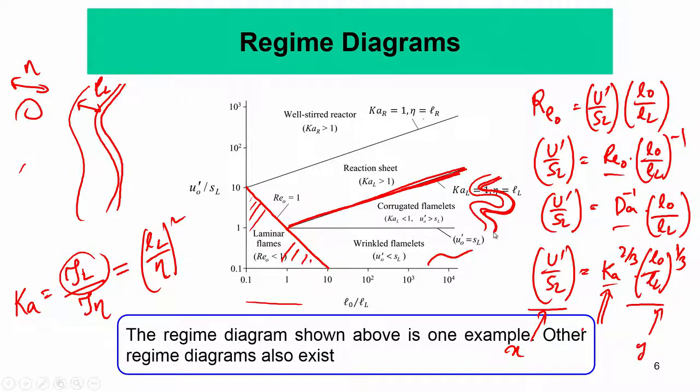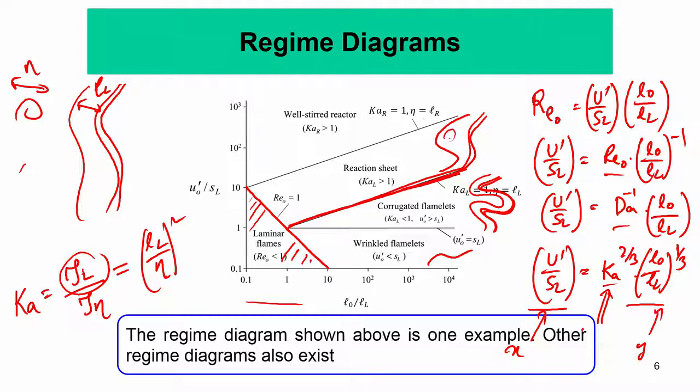But in the reaction sheet regime, because the flame time is now greater than the Kolmogorov time, and the flame thickness is greater than the Kolmogorov length scale, the Kolmogorov eddies can now penetrate into the preheat zone and distort the flame structure there. So the structure will look something like this.